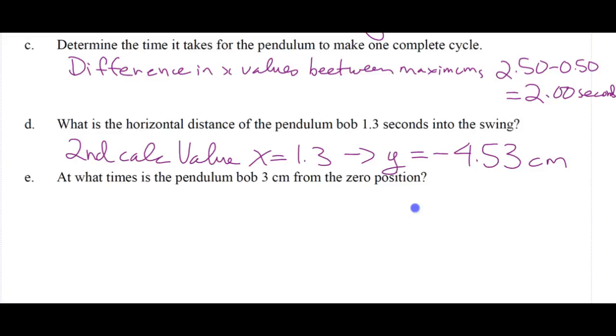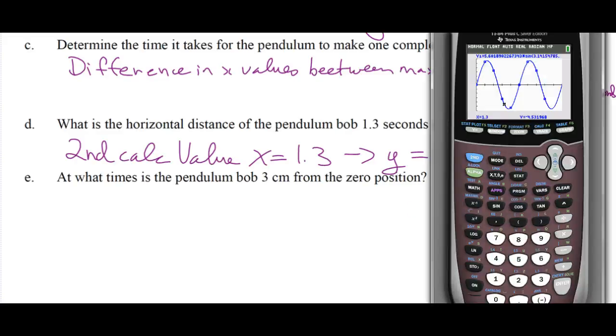At what times is the pendulum bob 3 centimeters from the 0 position? So now you got to go to y equals and put in a 3. So we want to know, when is the horizontal distance 3? So here and here.